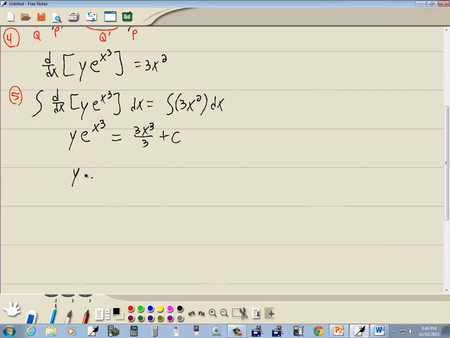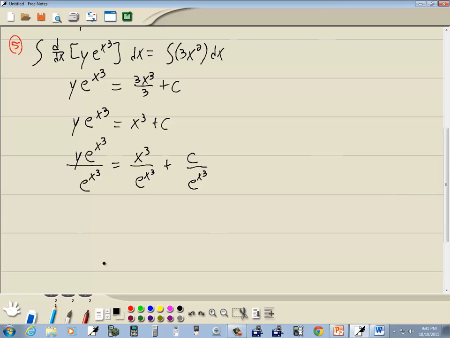which gives us y e to the x to the third equals, those 3's cancel, I got x to the third plus c. Try and get y by itself, so we're going to divide everything by e to the x to the third. Now, it seems like most of the books that I looked at, when you're dealing with e to a power, they have no problem with e having a negative exponent.